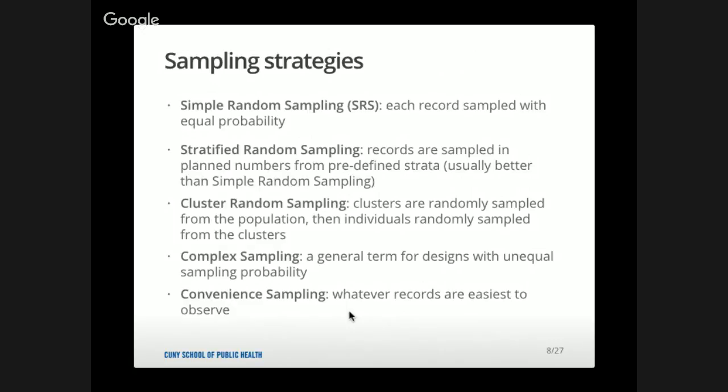I think it was intended as a little bit of an insulting term. It means that the researcher just did whatever was convenient without putting in the effort of what's required to get a random sample. So it just refers to the simplicity of getting the sample.